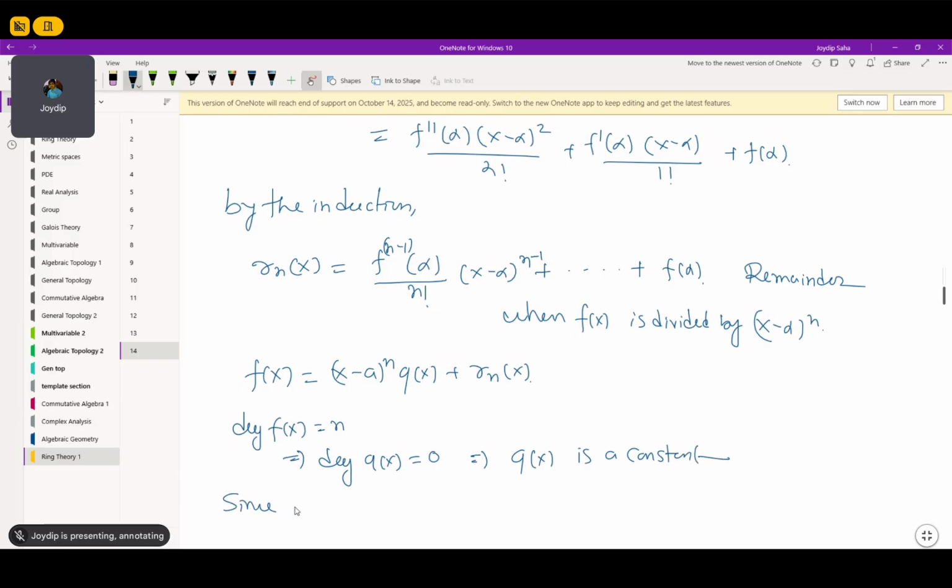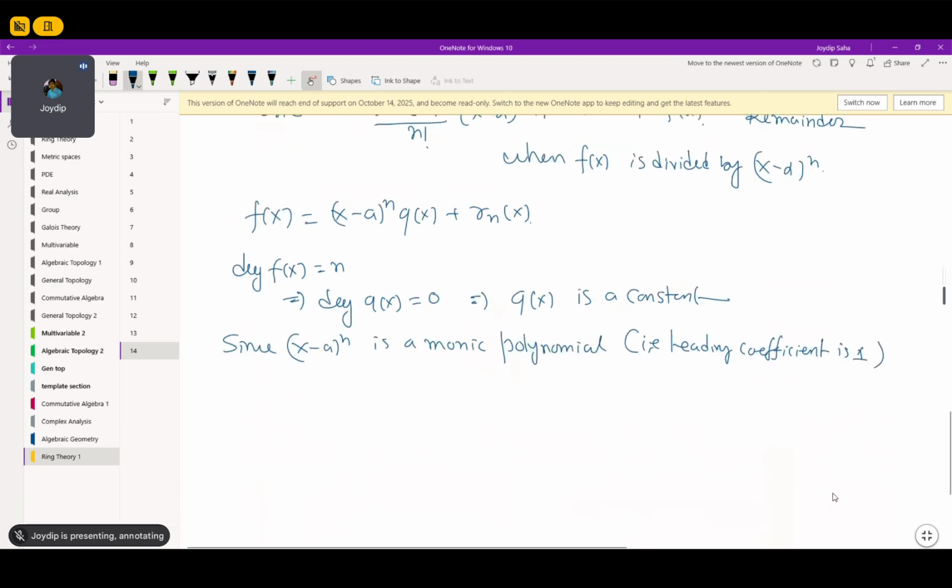Since (x minus a) to the power n is a monic polynomial, monic means leading coefficient is 1, or degree n coefficient is 1.